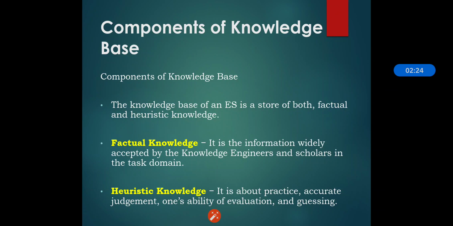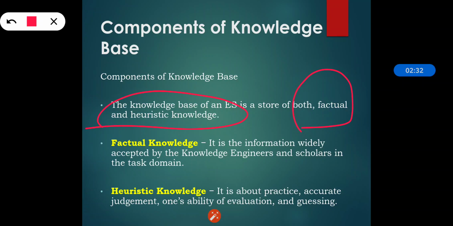So there are basically components of the knowledge base. The knowledge base of an expert system stores both factual and heuristic knowledge. So what is factual knowledge? Factual knowledge is information which is accepted by the knowledge engineers and scholars in the task domain.